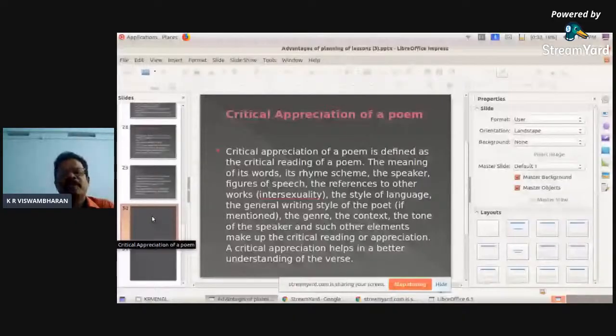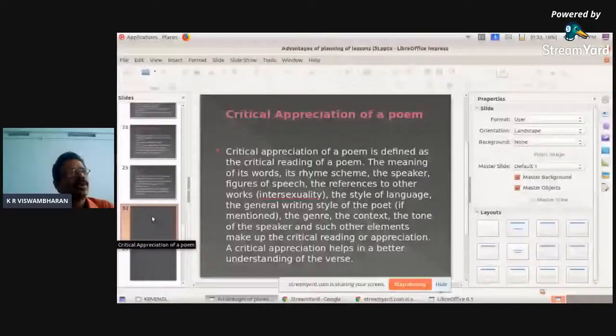Critical reading of a poem: the meaning of its words, its rhyme scheme, the speaker, who is the speaker of the poem, or the narrator, figures of speech used, the reference to other works, the style of language, the general writing style of the poet, etc. We are familiar with the style of the speaker, the style of language that he uses, everything we are quite familiar.